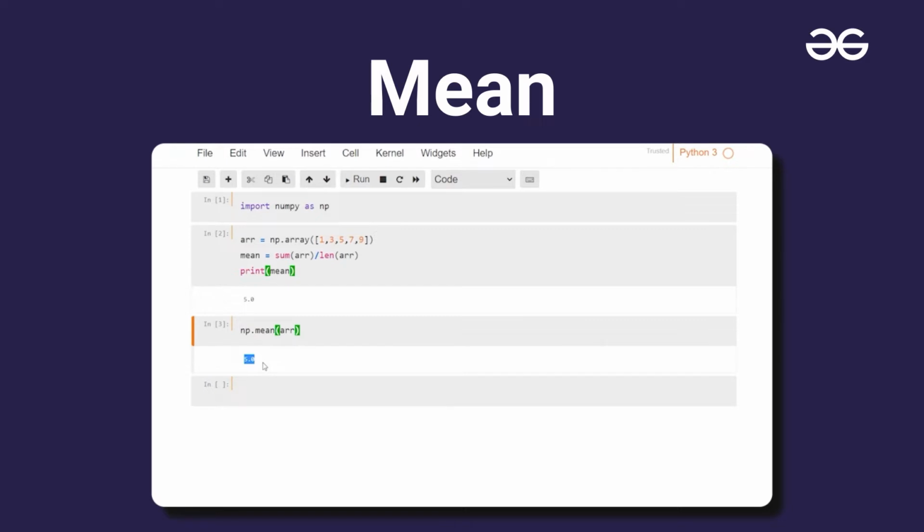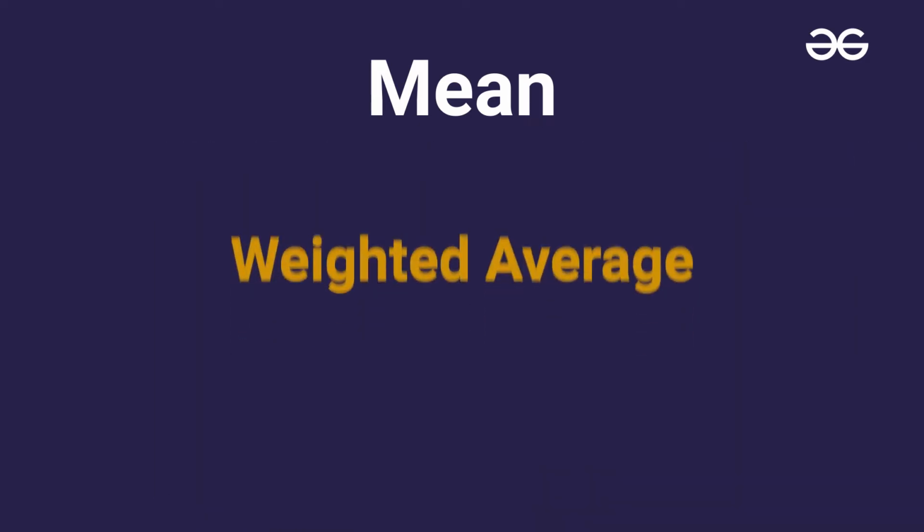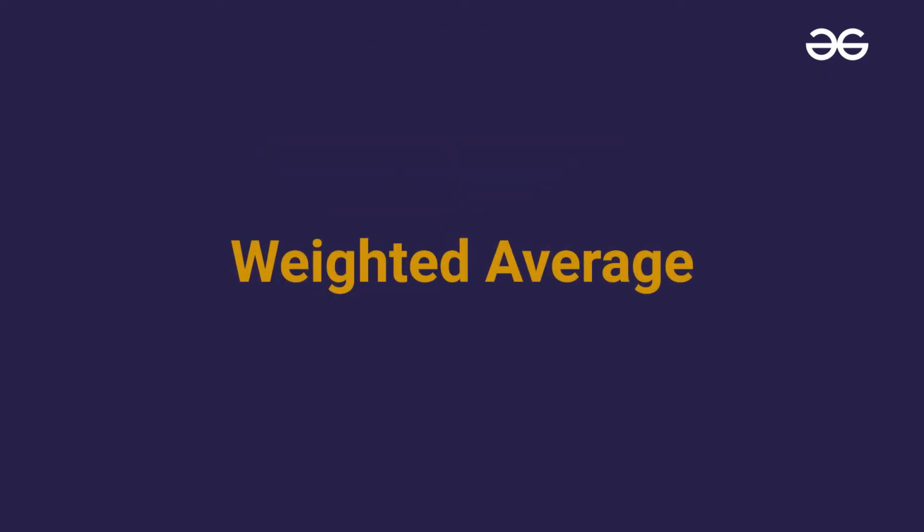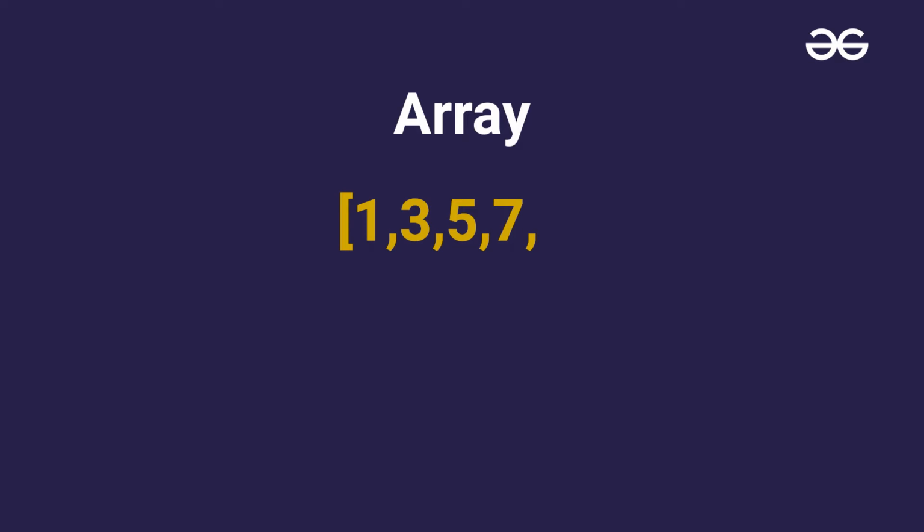Now, in some cases there would probably be the need to take a weighted average rather than a mean. So for example, if I have this array which is 1 3 5 7 and 9, rather than just summing up all the observations and dividing by the total length, I would want the mean to be a weighted average.